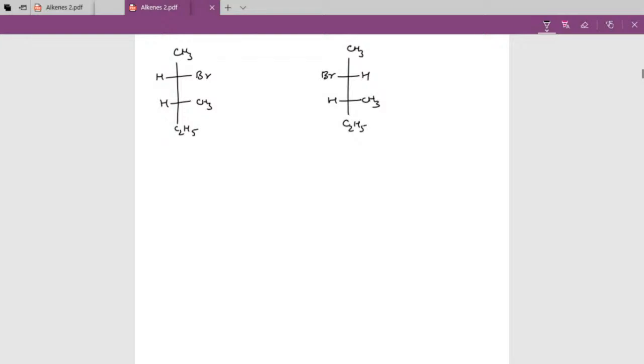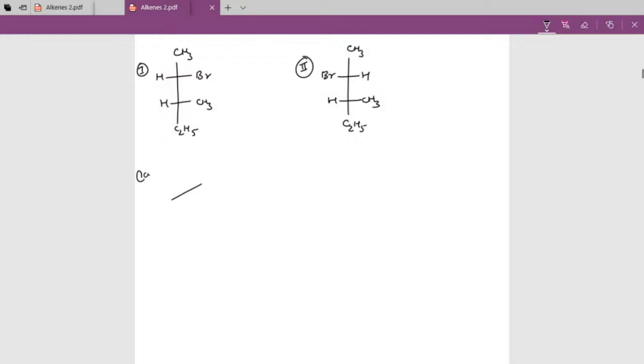For such questions, please make it a rule to convert them to either Sawhorse or Newman. And the second point, whenever you convert Fischer to Sawhorse or Newman, Fischers are always, okay, always eclipsed conformations. So this will be converted to its eclipsed conformation.